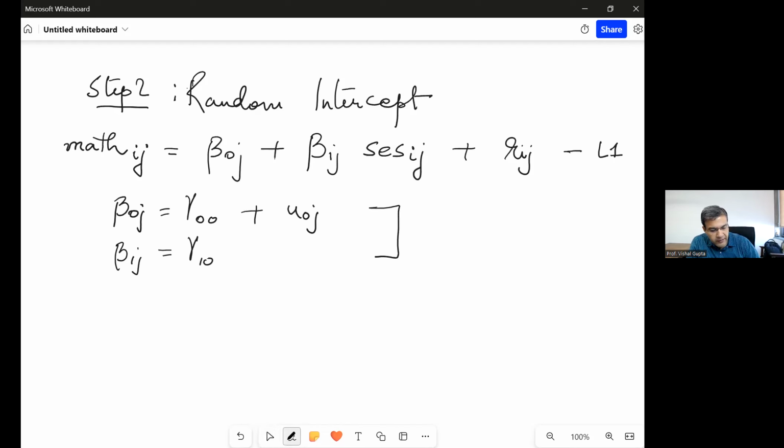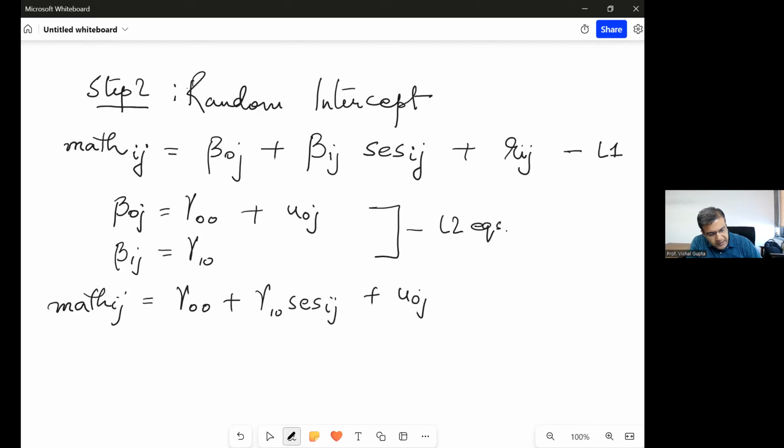When we combine, math ij is equal to gamma 00 plus gamma 10 SES ij plus u0j plus Rij.